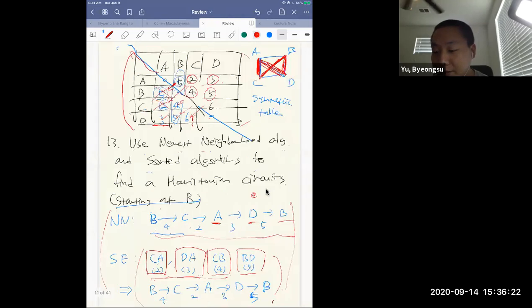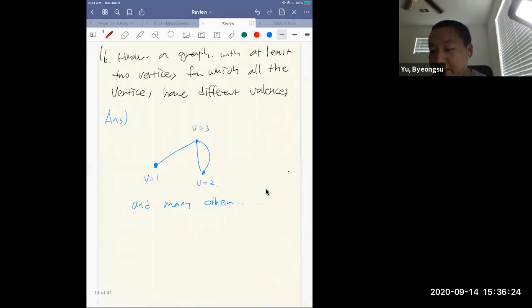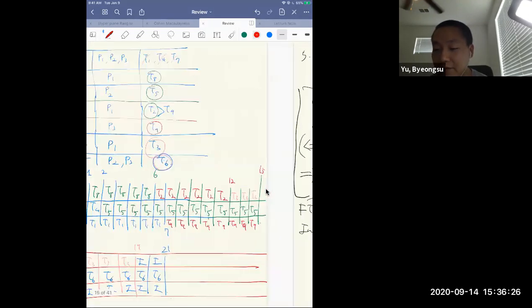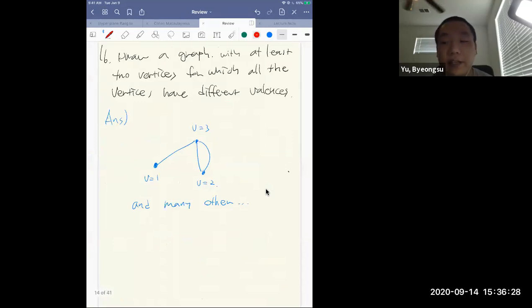Okay, I will go back to the last problem. In the exam, as I said earlier, there will be problems like drawing a graph with specific properties. This problem is to draw a graph with at least 2 vertices for which all the vertices have different balances.